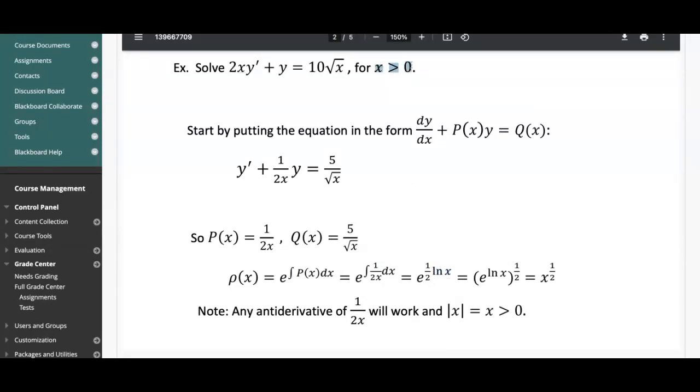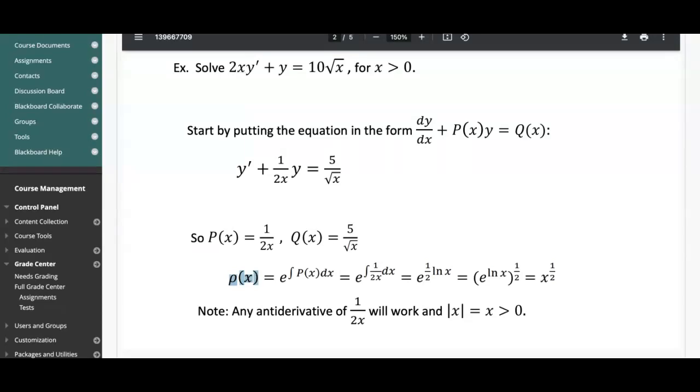Because x is greater than 0, we don't have to put the absolute value sign. Simplifying, e to the half times ln x is e to the ln x raised to the half, which is the square root of x. So this is our integrating factor, rho of x.